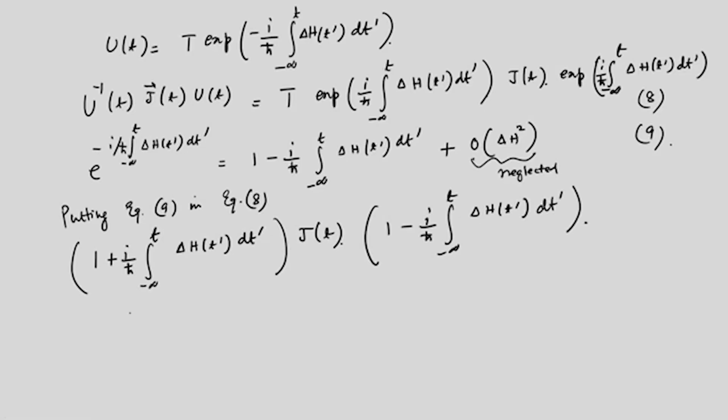Okay. All right. So, I have two brackets at the two ends, and I have a J(t) in between. So, I will just do a multiplication.